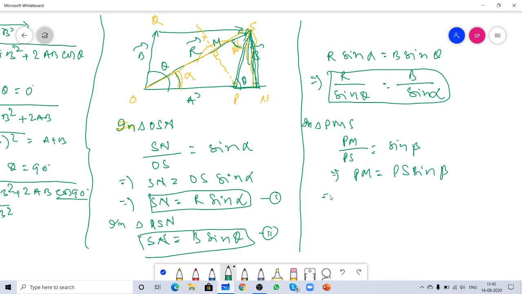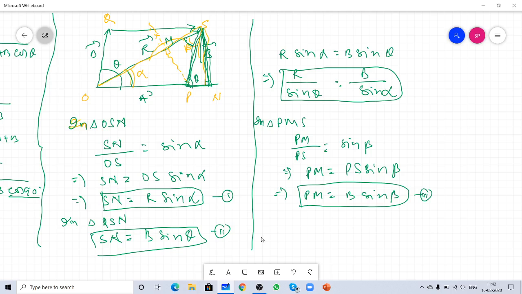What is PS? PS is B, vector B, showing magnitude. PM will be B sine beta, right? So let's say this is equation 3.